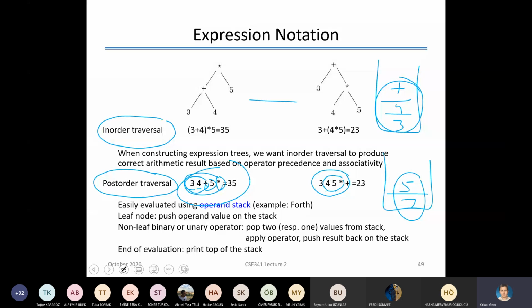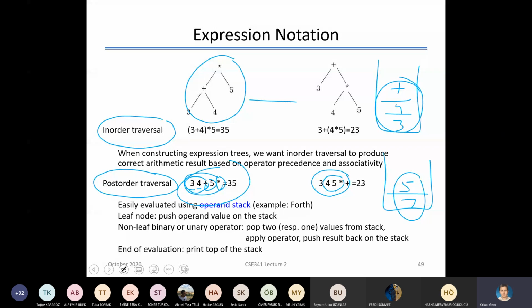Whereas a parse tree would require some sort of depth first or bottom up traversal, and it will be a little bit more complicated than a simple stack algorithm. Now, why is this so important, you may ask?